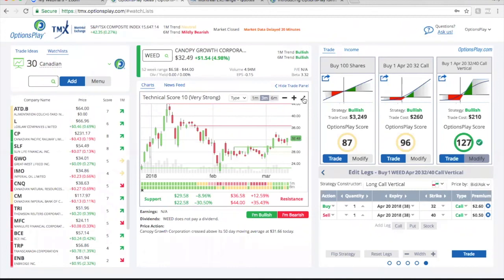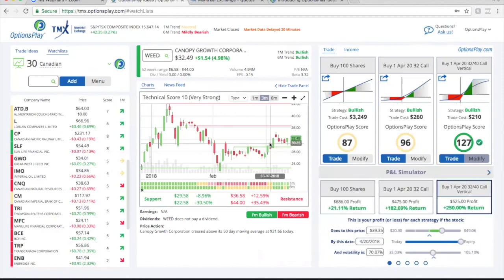Mark's asking, what is the best options play score to look at, over 100, 110, or higher? We color code the options play score specifically for this so that you don't have to memorize what's good and what's bad. Green is good, yellow is average, red means bad. So basically anything over 100 is green. So that's typically what you want to look out for when you're trading an options trade. But I do want to point out that just because this score is a 96 and is yellow does not mean that you can't trade this, because if you're correct on your analysis and wheat goes up to, let's say, $37, you're still making a 93% return by buying this call.